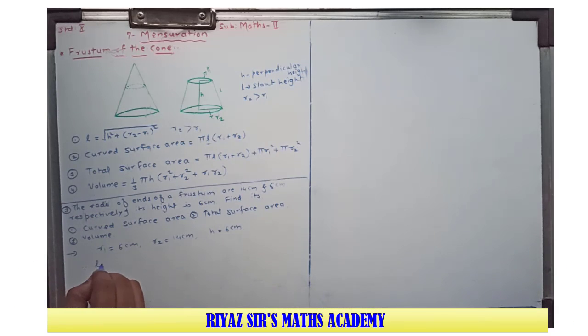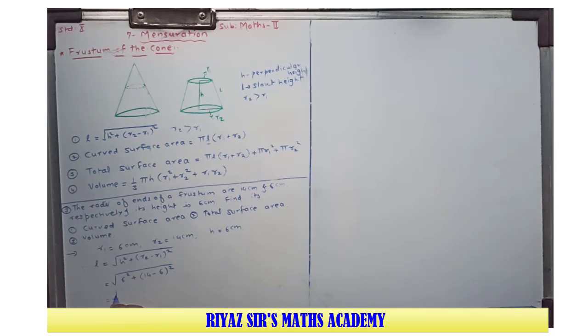So from the given information we have to find the slant height. The formula is L equals square root of h square plus (R2 minus R1) square.